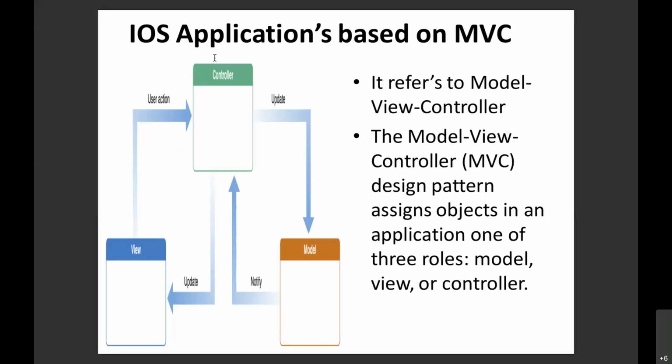Model and view do not interact directly; they interact using the controller. The controller acts as a mediator for whatever user action, updates, or changes we have to make in the application, and takes responsibility to coordinate between the view and model. So it's a model view controller based architecture.